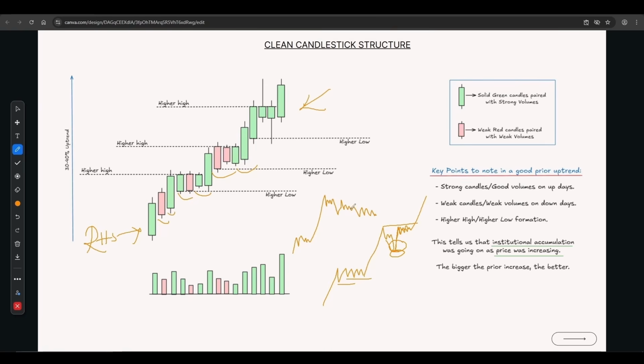Whenever we analyze these kinds of setups, the resistance point multiplies many times, but when we are witnessing this type of price structure, there is only one resistance point, and if the price crosses that point, then the overhead supply is very minimal here, and we can expect a very good up move.